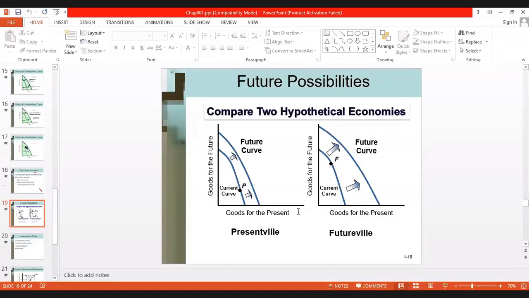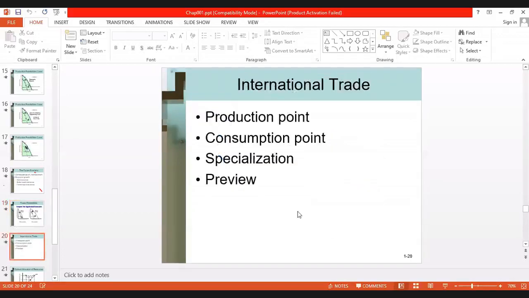Then you can see the impact. In the future, the first country grows little; its production possibility curve shifts only a little. But the country that produces more capital goods and less consumer goods can, in the future, produce more combinations of goods. That is economic growth.